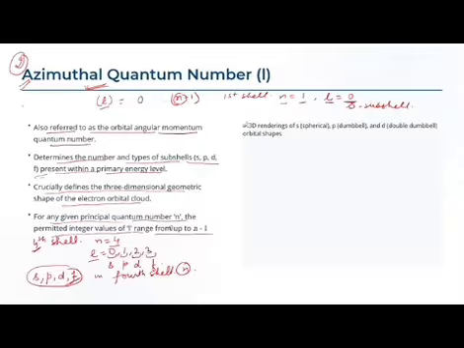The first quantum number, the principal quantum number, indicates the number of shells. And the second quantum number, azimuthal quantum number, indicates the subshells present in a shell in which the electron is present. Now next we will proceed toward our third quantum number.